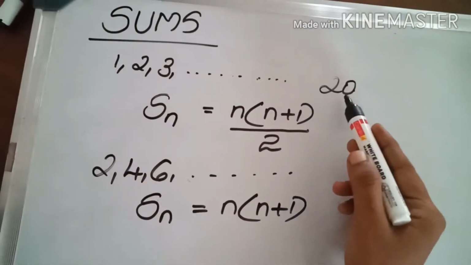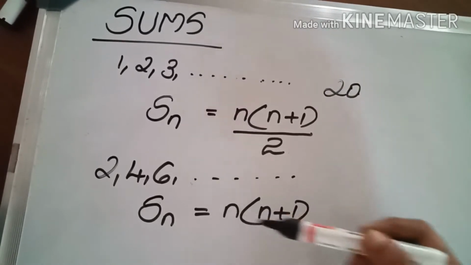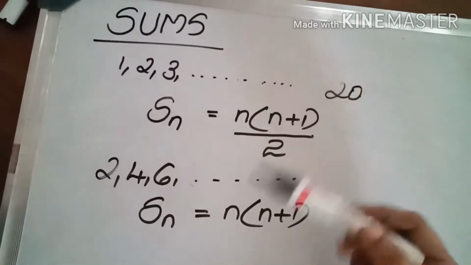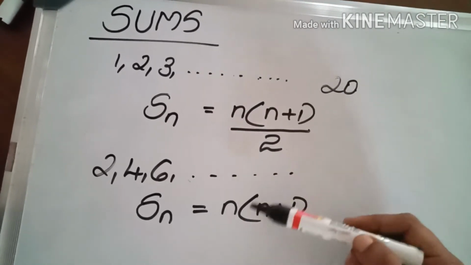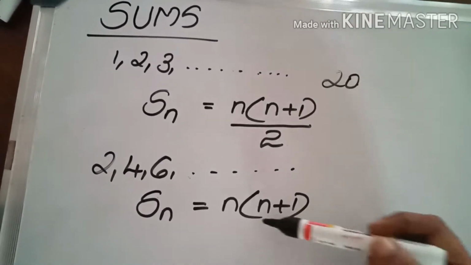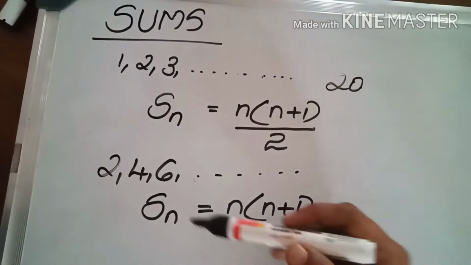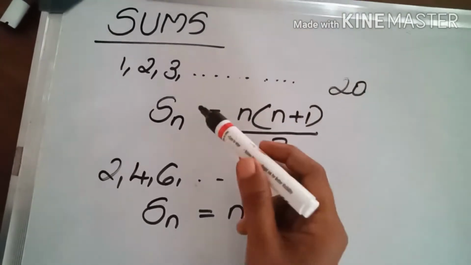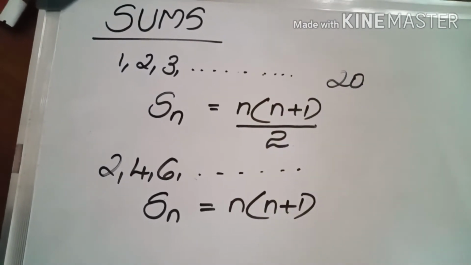For example, if we need to find the sum of 20 even numbers, then the equation becomes n(n+1), where n will be 20. So 20 into (n+1), that is 21. n(n+1) is the equation to find the sum of n even numbers. If it is natural numbers, the equation is n(n+1)/2.